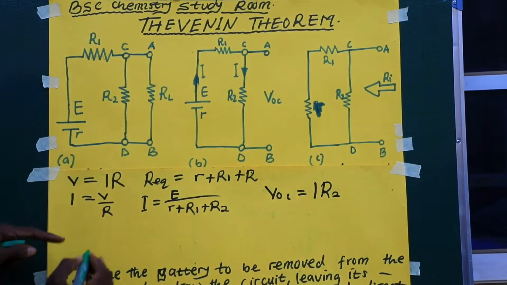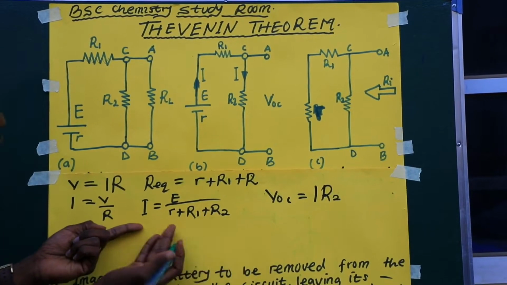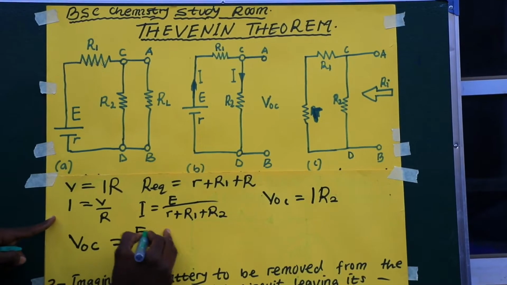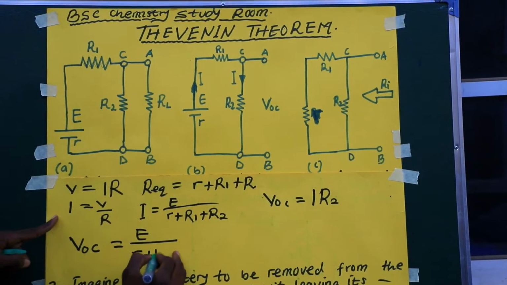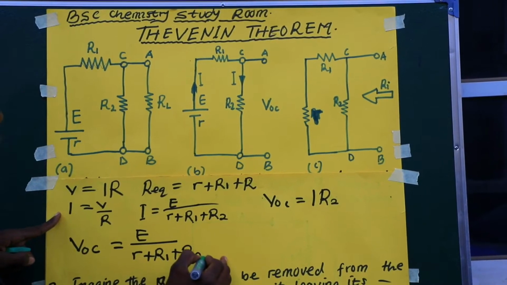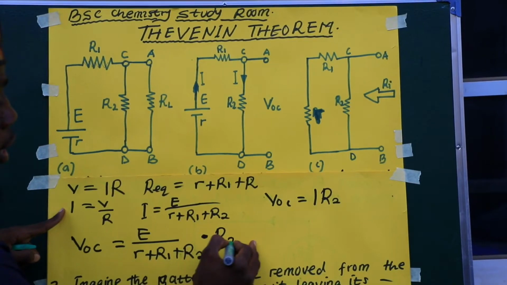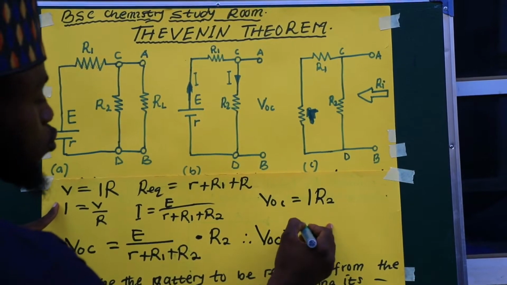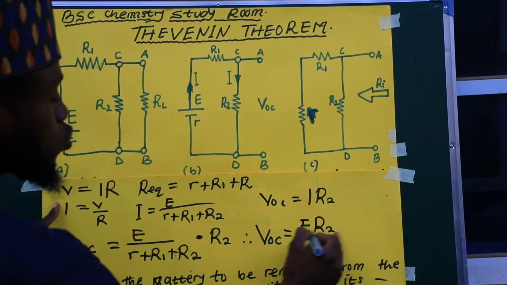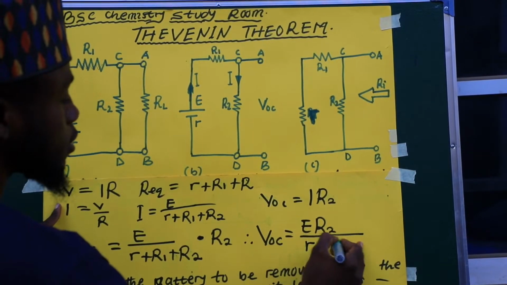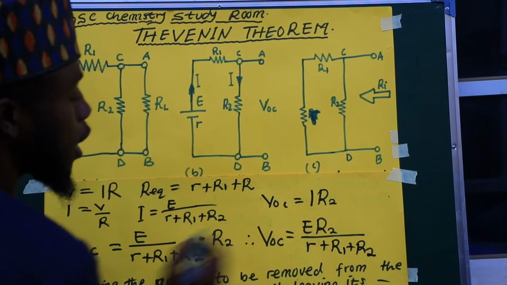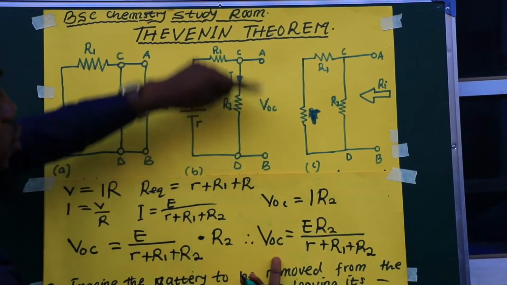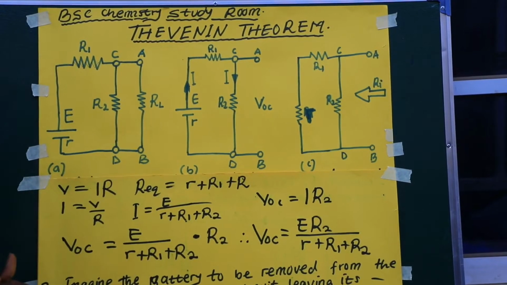Now replacing this value of I inside VOC, VOC will be equal to E all over r plus R1 plus R2, times R2. Therefore VOC will be equal to E times R2 all over r plus R1 plus R2.